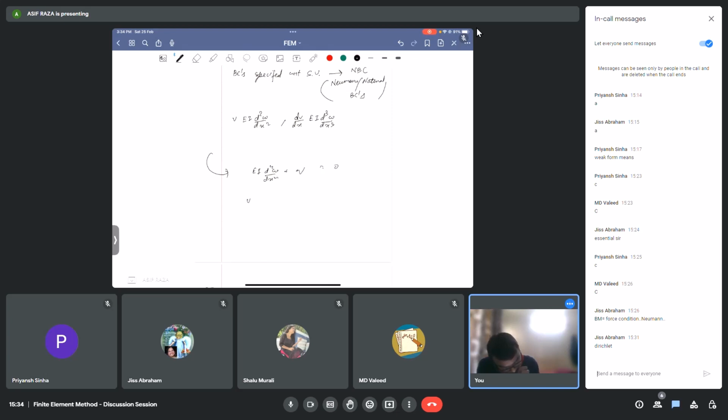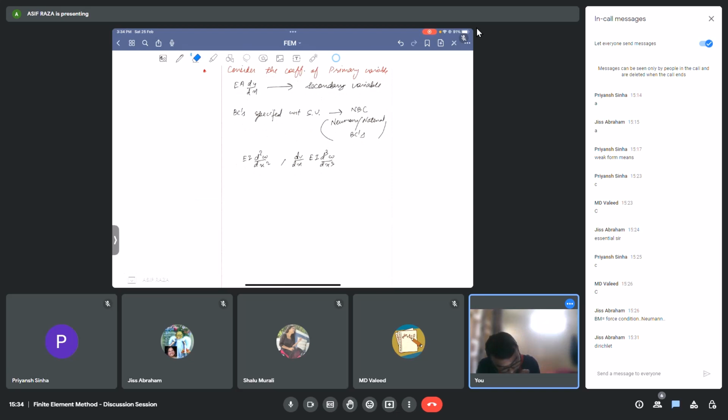If I multiply by v and integrate, we will have boundary terms v EI d3w/dx3 and dv by dx EI d2w/dx2. Okay, I got it.